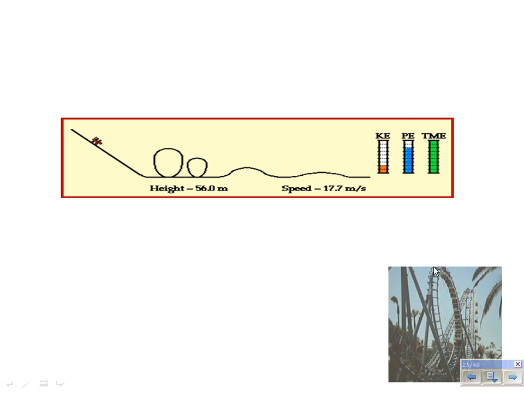I believe we looked at this roller coaster, and you can see that we have our kinetic and potential energy over time. You're going to have greater potential energy at the top of the roller coaster as well as at the top of each loop.